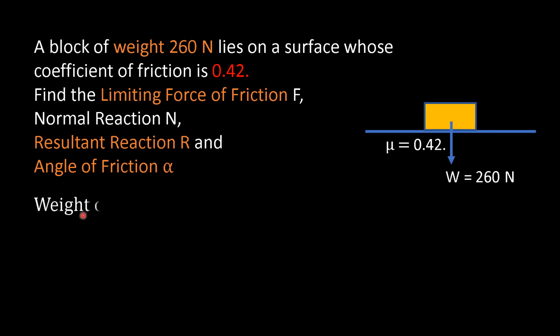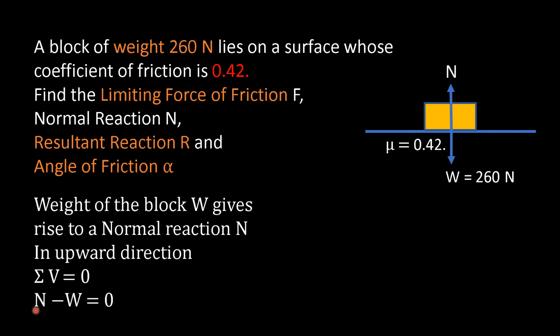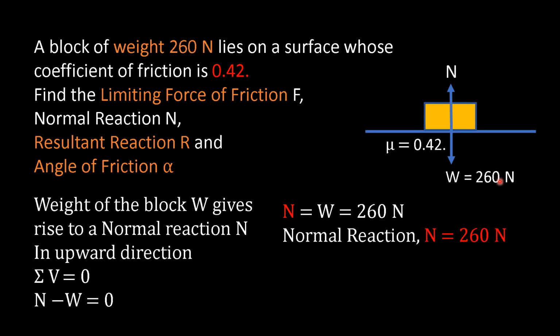Now, weight of the block W gives rise to a normal reaction N in the upward direction, like this. In equilibrium, we have sum of vertical forces equals 0. So N minus W equals 0. N is upwards, so it is positive. W is downwards, so it is negative. N equals W, which is 260 Newton. So the normal reaction N is 260 Newton.